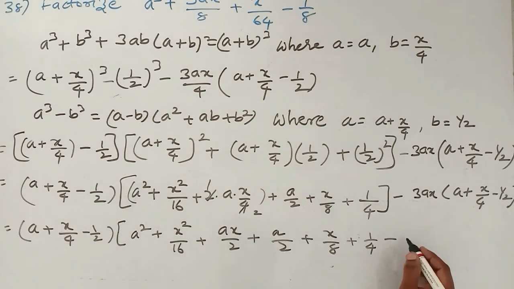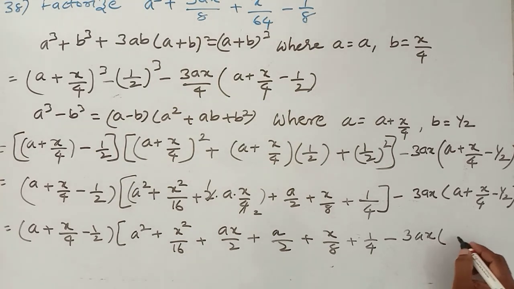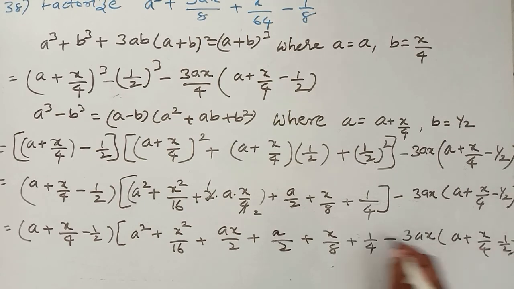minus 3ax into a plus x by 4 minus 1 by 2 as it is.